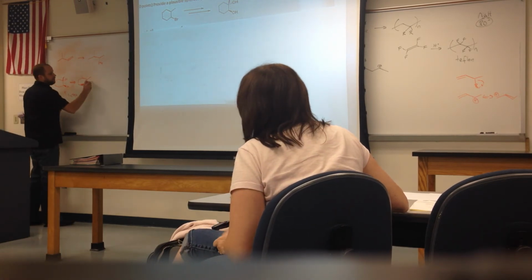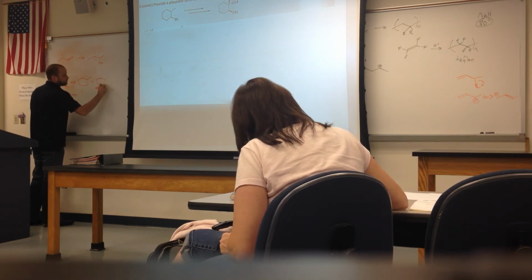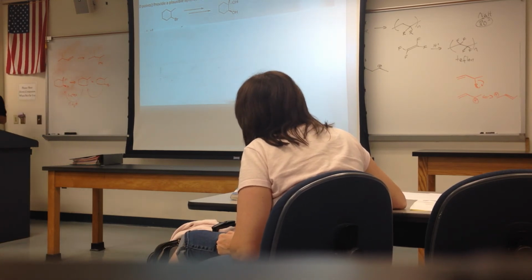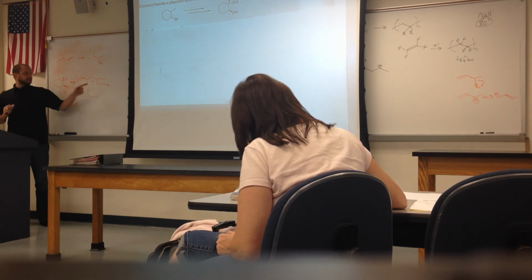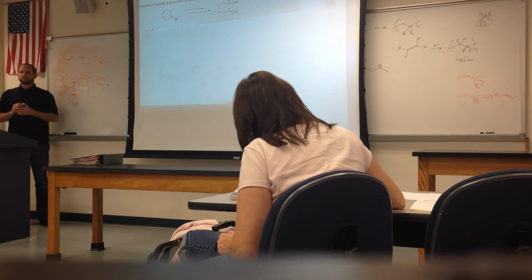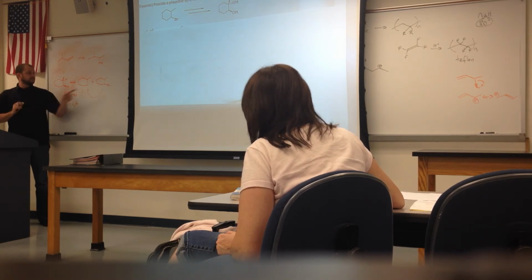Can we make this alkene from that bromine? Can we go this way? Sure, it's just an E2 elimination. However, is this product the Hofmann or the Zaitsev? It's the Zaitsev. If this can eliminate here or here, here's more substituted. How do we prefer Zaitsev?